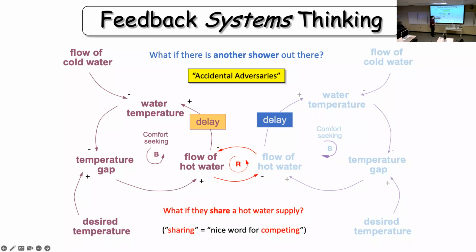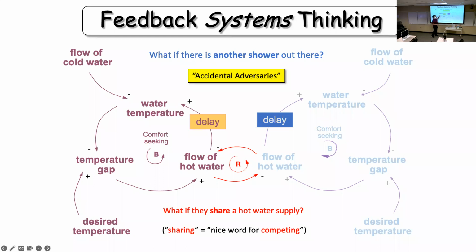And this is reinforcing because the idea is that if you ask for more hot water on one shower, you'll reduce the hot water on the other. And then likewise, if you ask for more hot water at the other shower, you'll decrease hot water on the other one. So this overall is going to mean that as you ask for more hot water on one, you're going to get this sort of growth in the requests for hot water. And that's this reinforcing loop, which is coupling these two balancing loops.